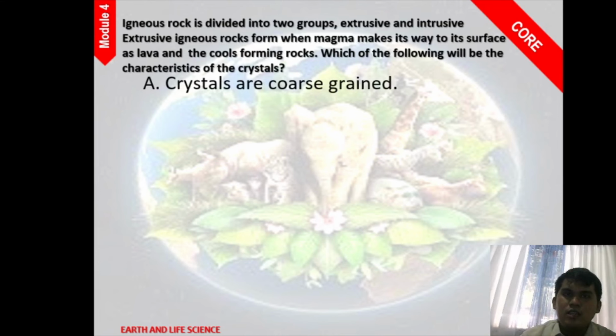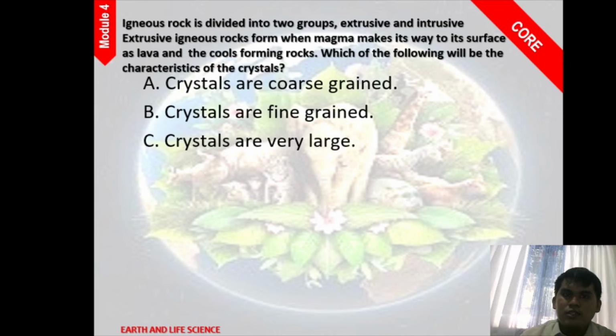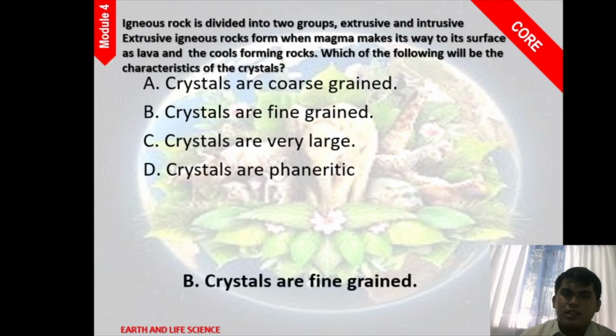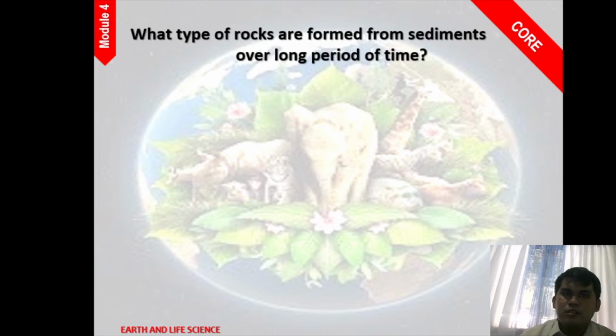Is it A, crystals are coarse-grained, B, crystals are fine-grained, C, crystals are very large, or D, crystals are phaneritic? Correct answer is letter B. Crystals are fine-grained.